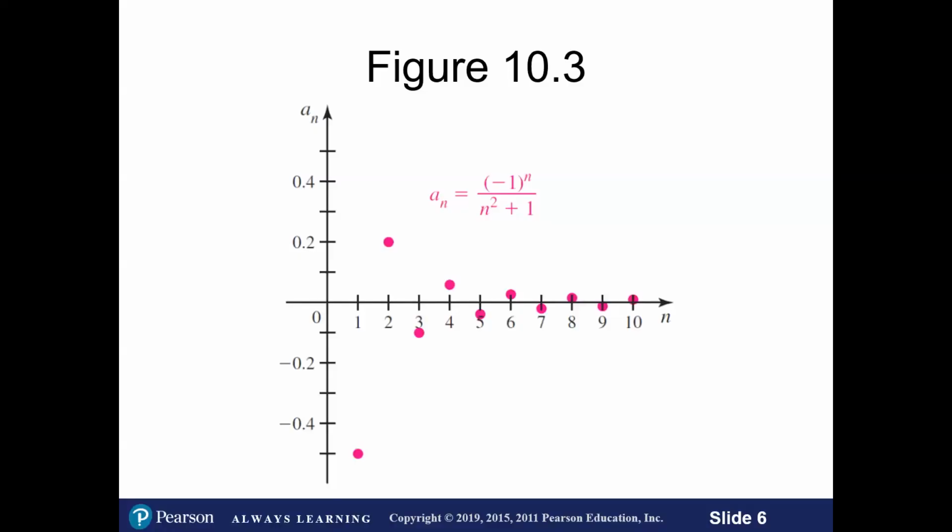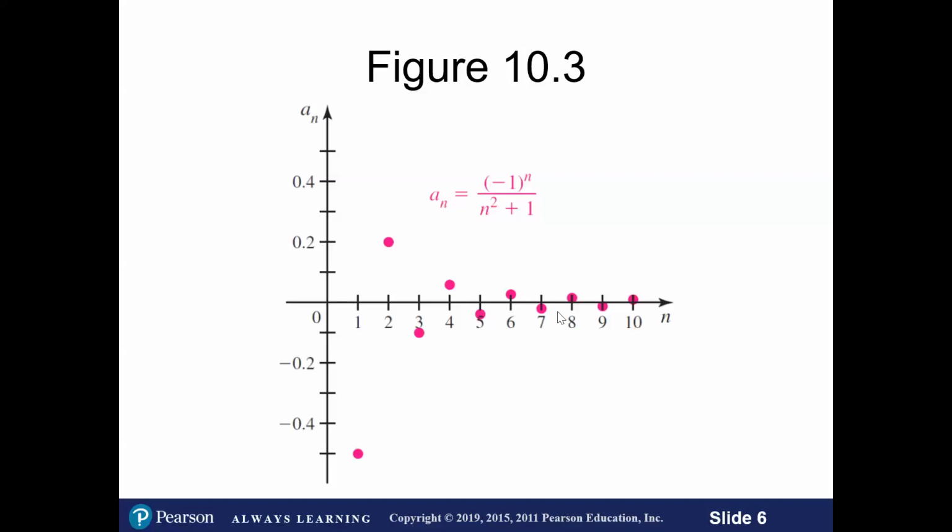The first one would be the sequence (-1)^n over n squared plus 1. We can generate the successive terms. The first one is going to be -1/2. The next one is going to be positive 1/5.